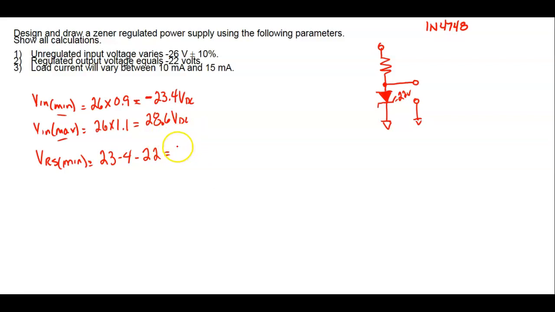What's that? And then my VRS maximum would be equal to 28.6 minus 22. What's that give me?